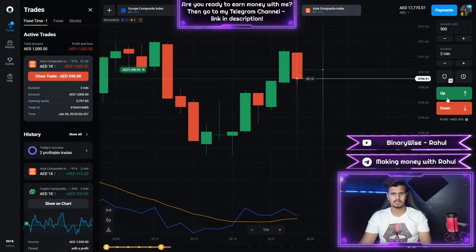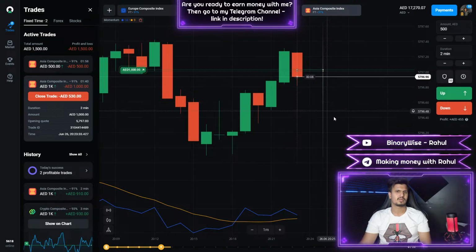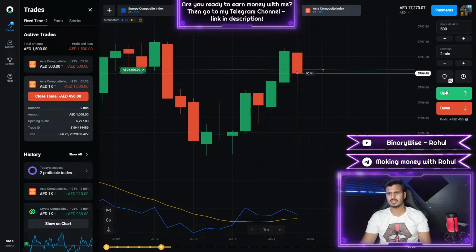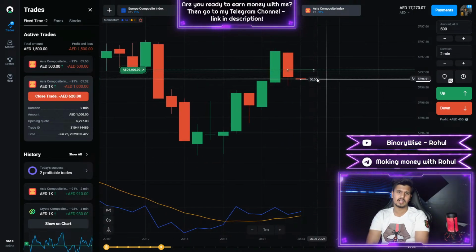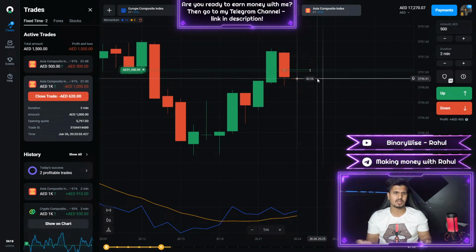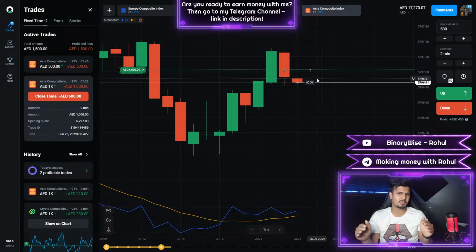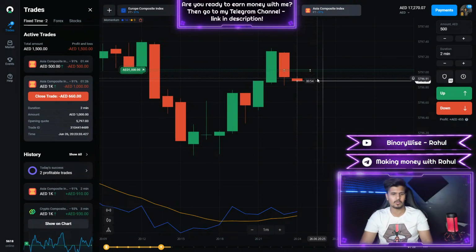Guys, there was one mistake when I clicked another amount of 500. It also moved instantly, at the same time and same duration, when it was moving too much upward.